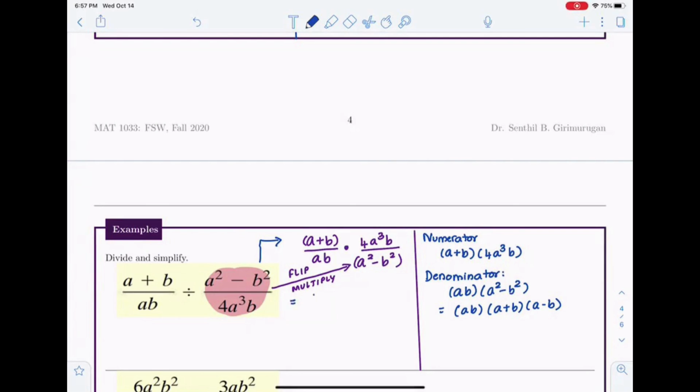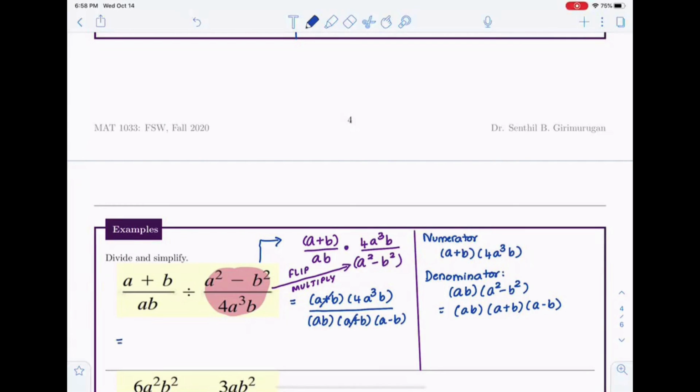So a plus b times 4a cubed b divided by ab times a plus b times a minus b. A plus b would go away.